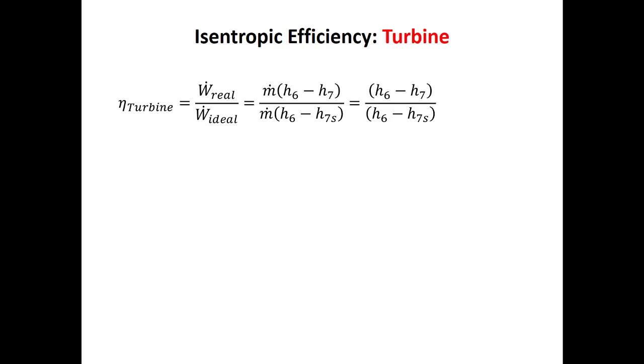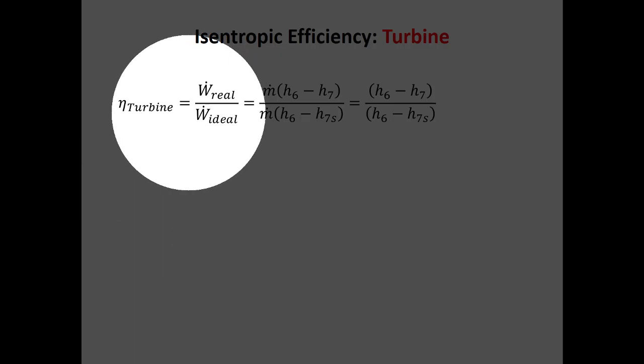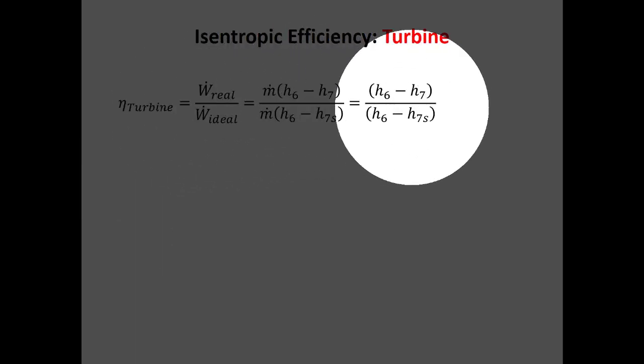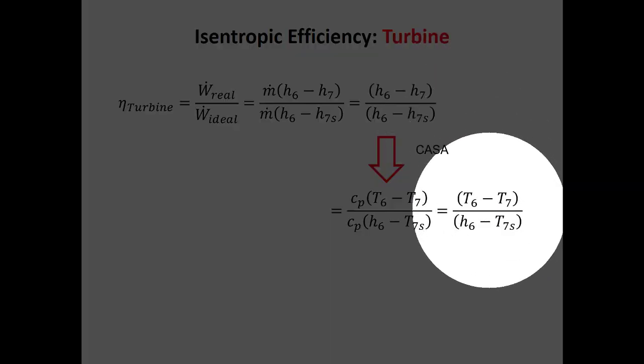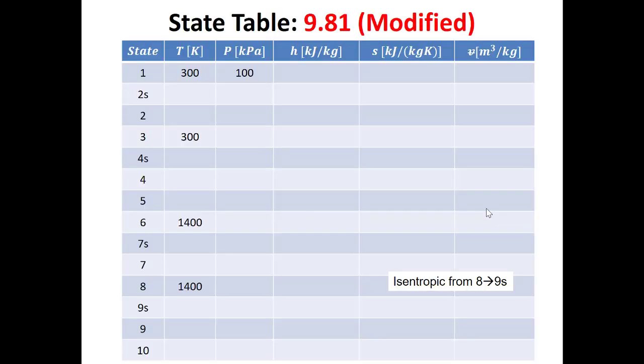So now I know that the real turbine produces less power than the ideal turbine. So now my turbine efficiency is the real power divided by the ideal power. I can simplify that to a function of specific enthalpies. I can use the cold air standard analysis to then further simplify that to a function of only the temperatures. So that will give me the temperature at the real outlet of the turbine.